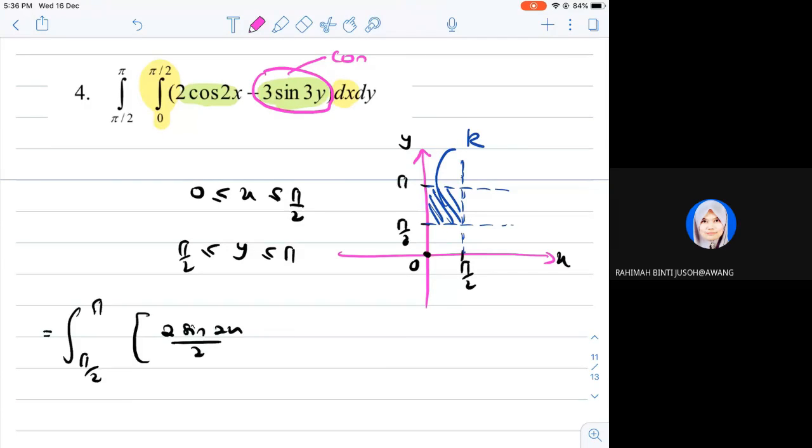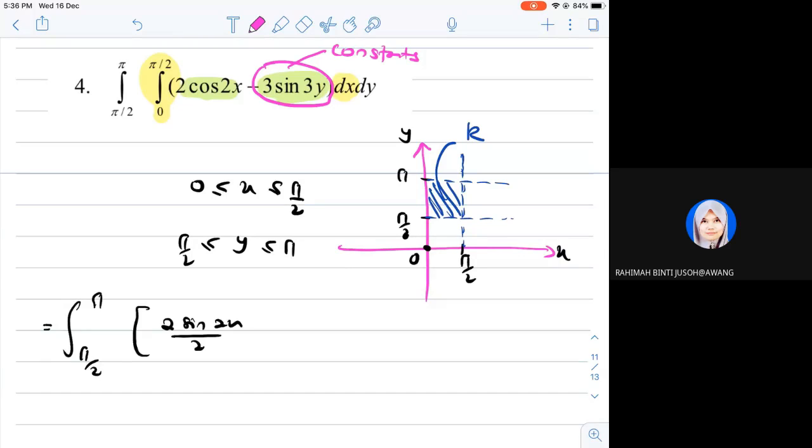This is just a constant, right? Because it is y, and we want to integrate with respect to x. So what happened? Not zero. You have to integrate and add x.